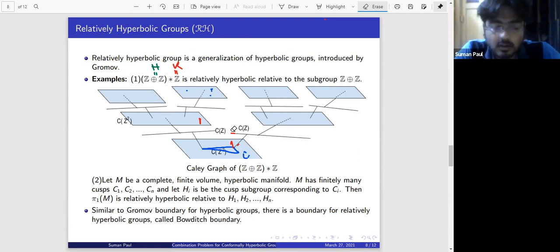All the definitions are equivalent, and they are very technical, so I omit them here.